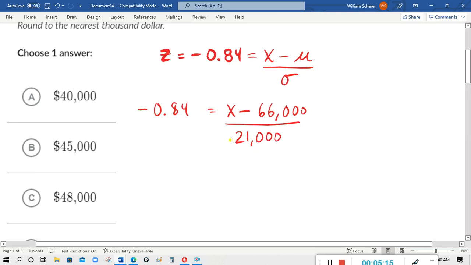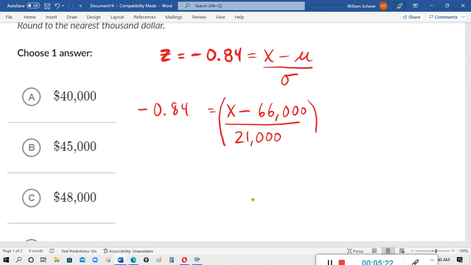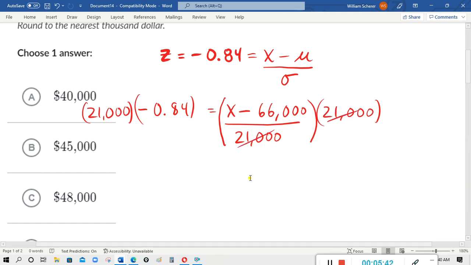Okay? In order to get rid of 21,000 in the denominator, I have to multiply both sides by 21,000. And the same thing over here. Multiply both sides by 21,000. Okay? On the right-hand side, 21,000 over 21,000 cancels.